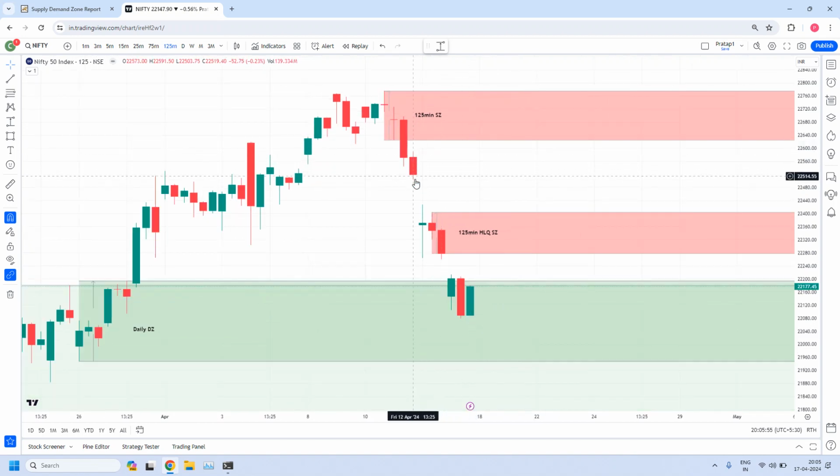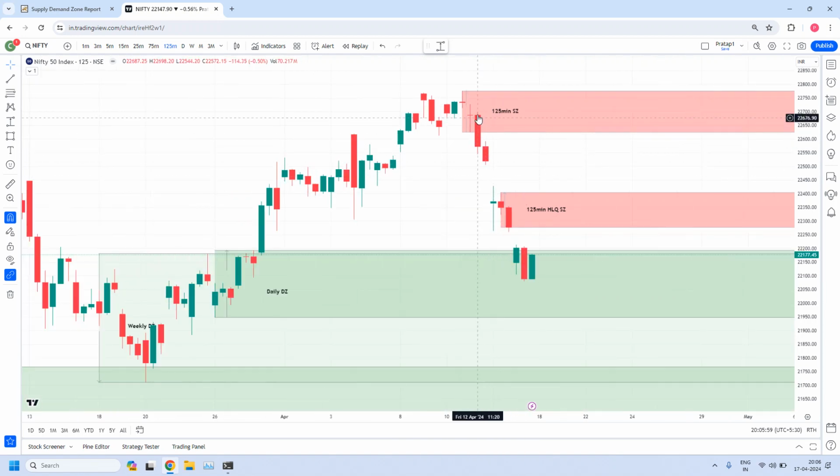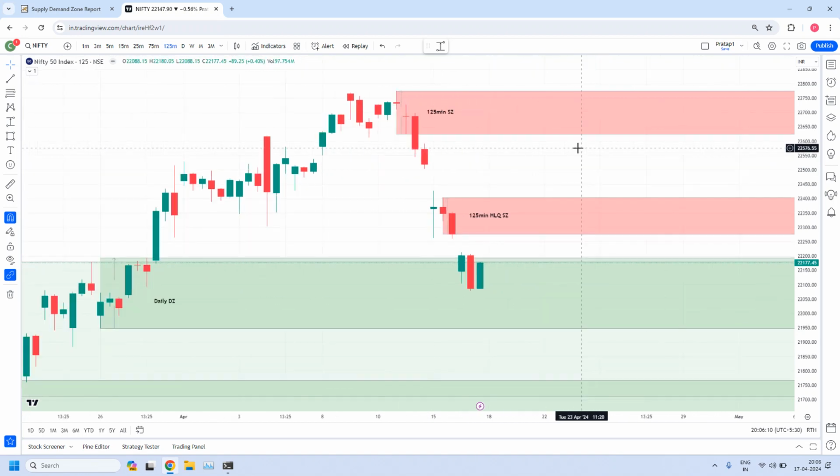So the software considered this as a leg candle. That is why we have a drop candle, a medium size leg candle, and again a drop candle. That's why this is not recognized as a base candle.